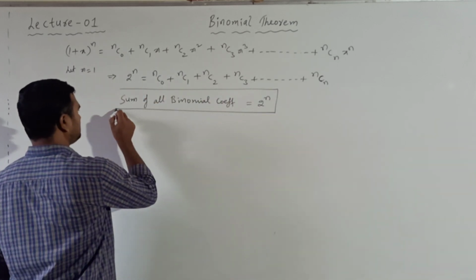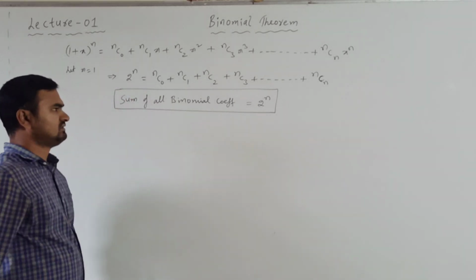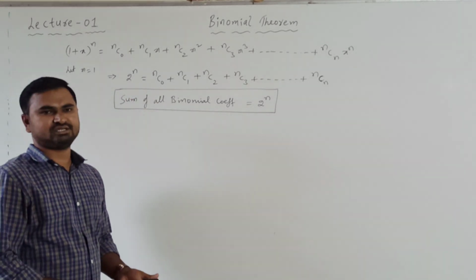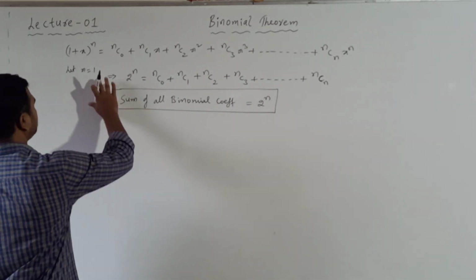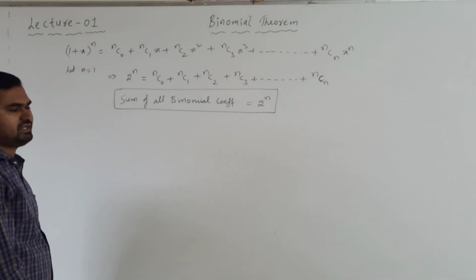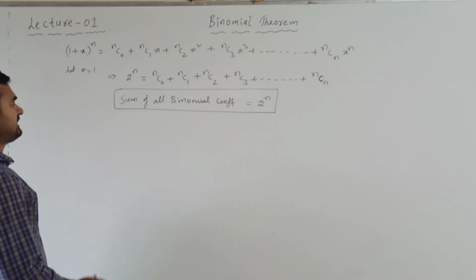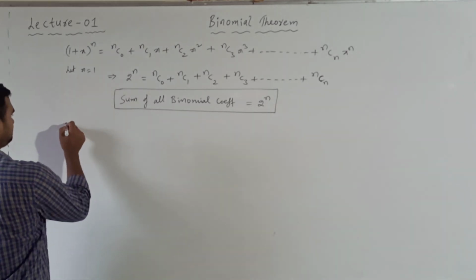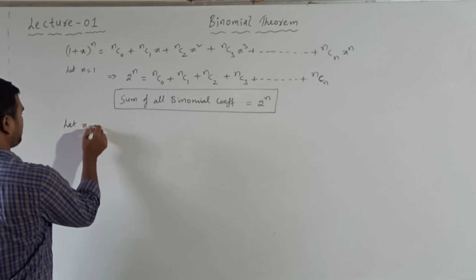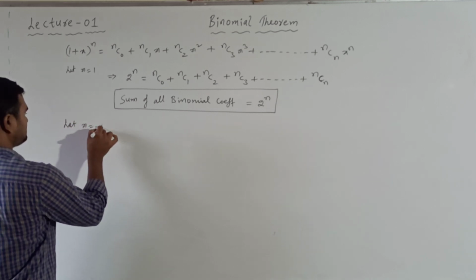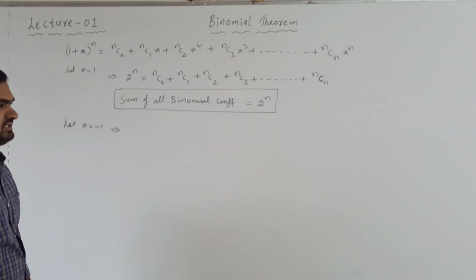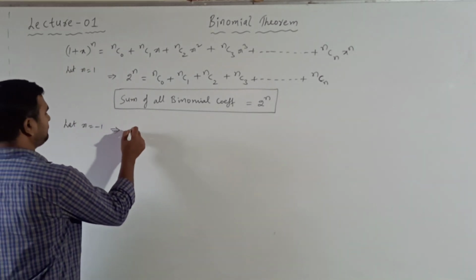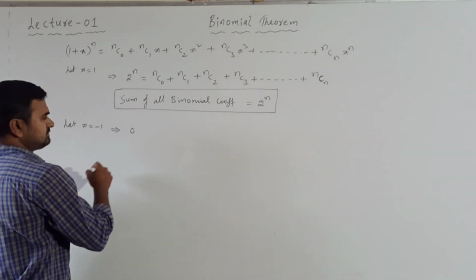Now this will be used when we are solving the problems. Sum of binomial coefficients is 2 power n. Okay. Next. In this expansion again, if I replace the x with minus 1, see what we get? Let us take x is minus 1. So replacing x with minus 1, we get 1 minus 1 is 0. So 0 power n is 0.